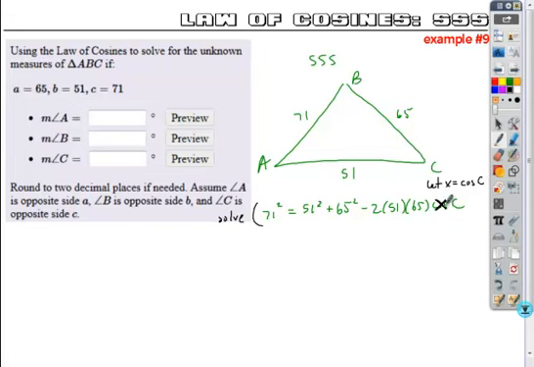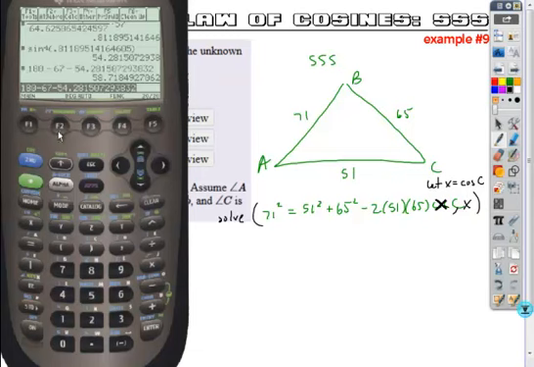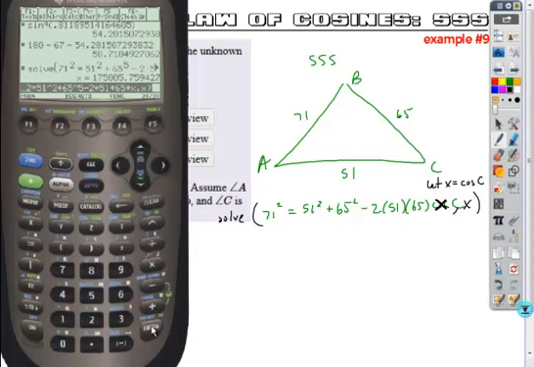If I let this be x here, and I solve for x, so I get 71 squared is equal to 51 squared plus 65 squared minus 2 times 51 times 65 times x. Again, notice I let my whole cosine C be replaced by x, and then I'm going to solve for x. I didn't put a decimal anywhere, so I'm going to hit the diamond button to get my answer in decimals. Oops.